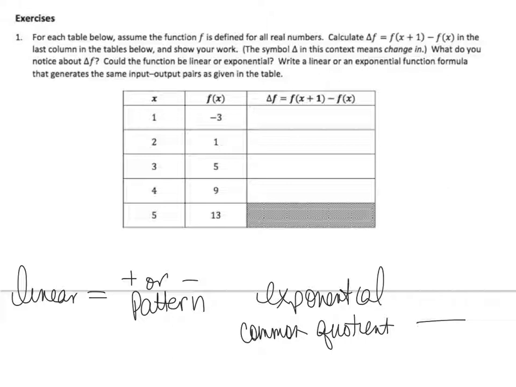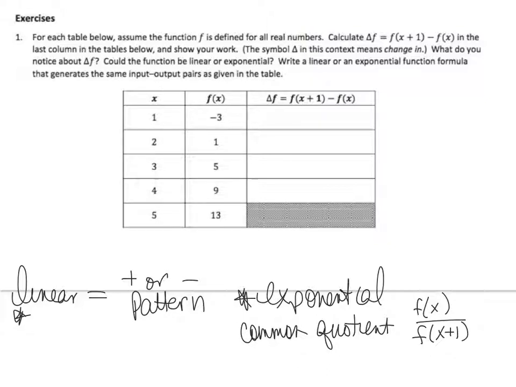That means we're going to divide our second term by our first. And if we get a common quotient, we're exponential. Here, we're going to check the plus or minus pattern, and that means we're linear.